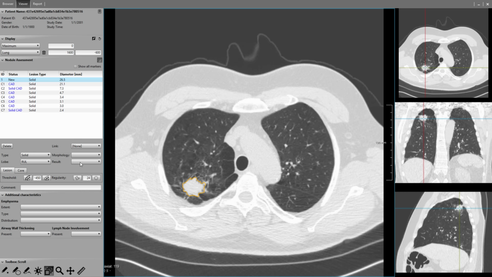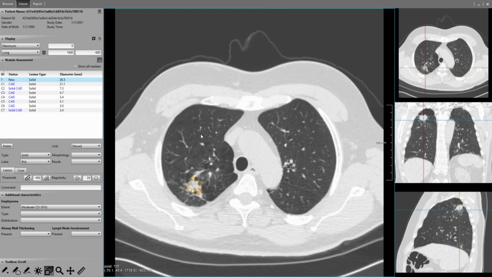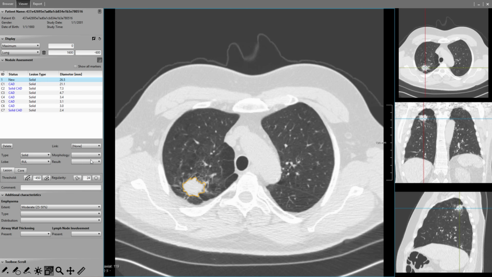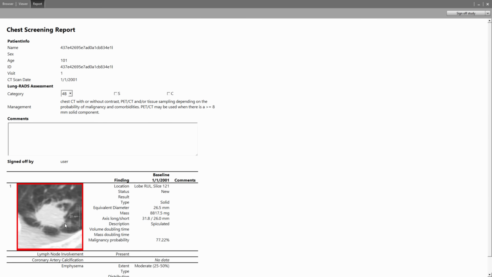Right upper lobe. There's also emphysema in the scan. Emphysema is these dark areas, destroyed lung tissue. So we can indicate this is a spiculated lesion, and that makes the probability for cancer very high, 77%.